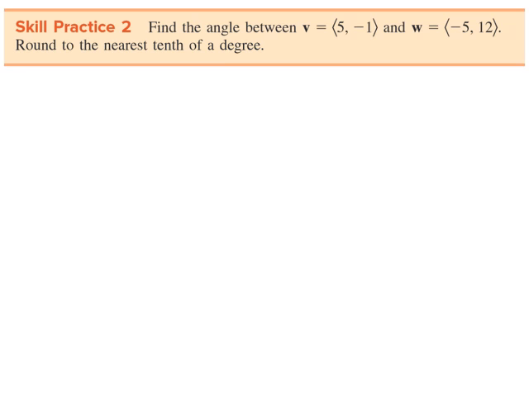Okay, so we know we need to find the dot product and the magnitude of each of these. So I'm going to find the magnitude first, just so we have it out of the way. So this will be 5 squared plus 1 squared, or I'm sorry, -1 squared, which is root 26.